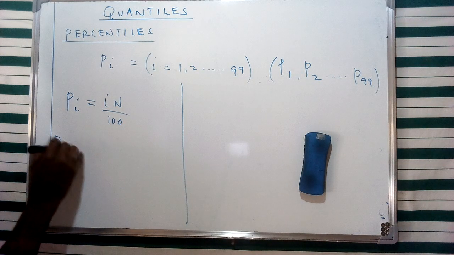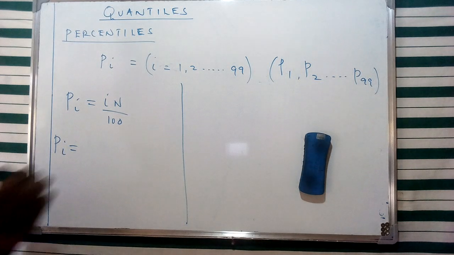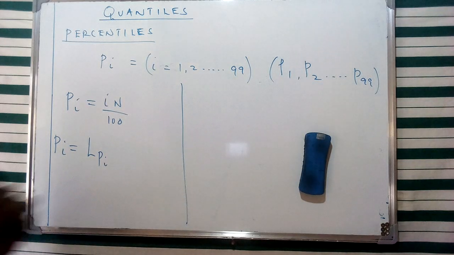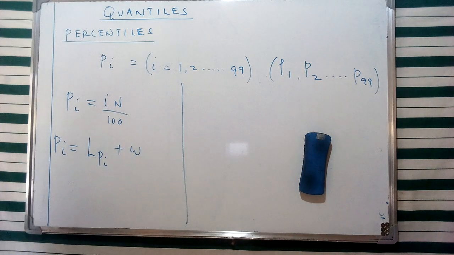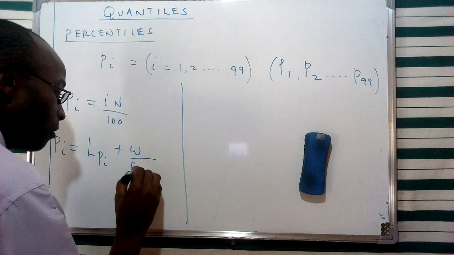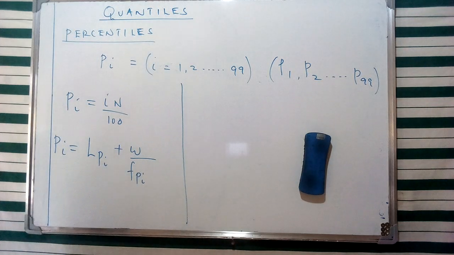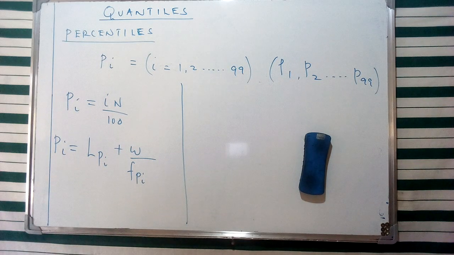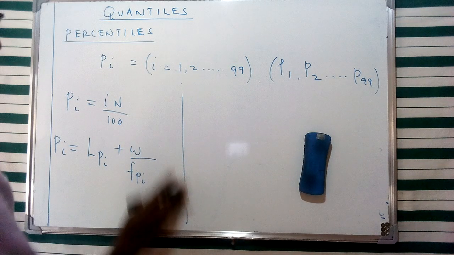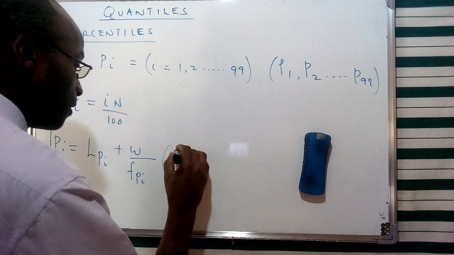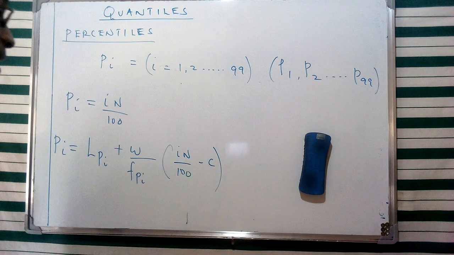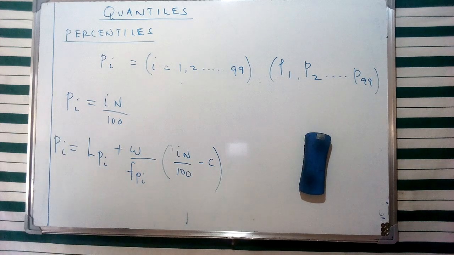Pi is equivalent to the lower class boundary of the percentile class, added to the class size of the percentile class, given as W, divided by the frequency of the percentile class, multiplied by the value we have given for in over 100, minus the cumulative frequency of the class preceding the Pith percentile.